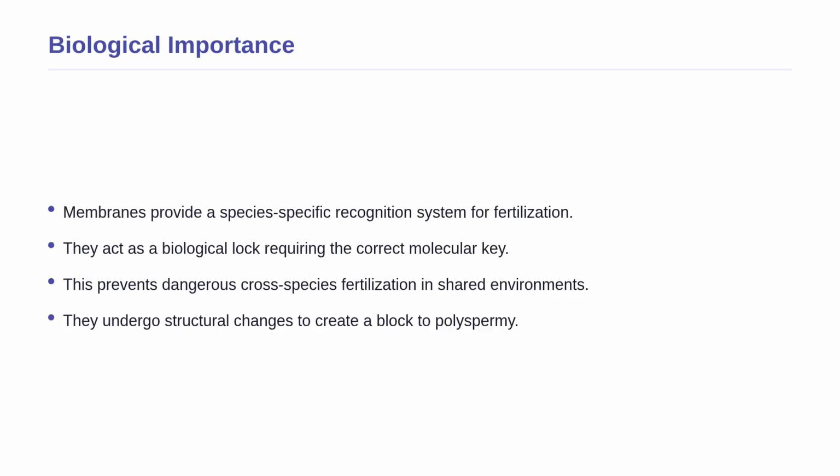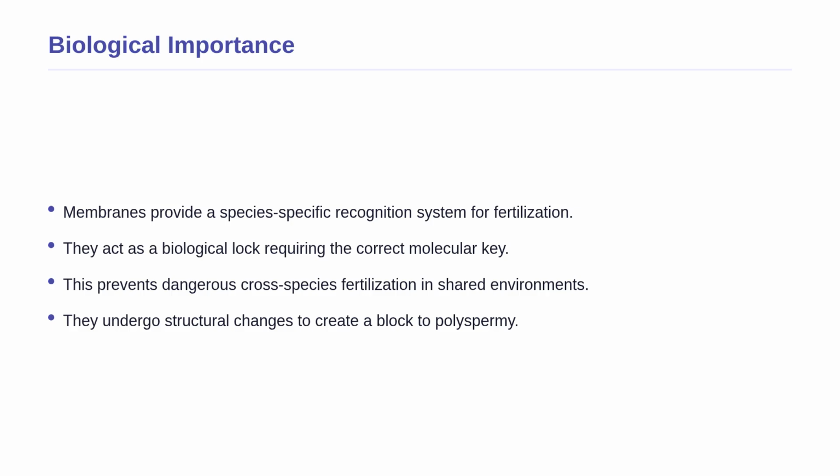Now that we can visualize these layers, let us understand why they are absolutely critical for survival. First, they provide a species-specific recognition system. They act like a biological lock that only a sperm with the correct molecular key can open, preventing cross-species fertilization. This is especially vital for animals like fish and frogs that release eggs into shared waters.